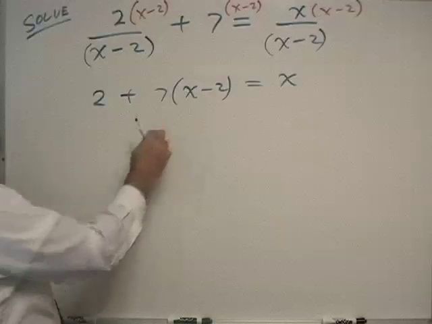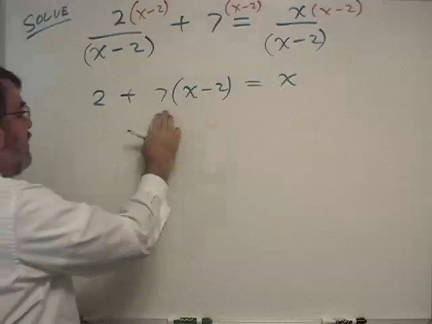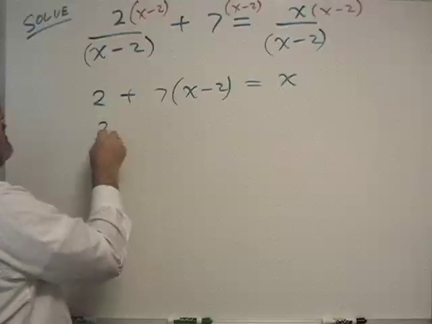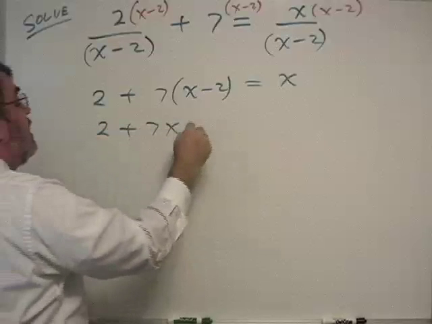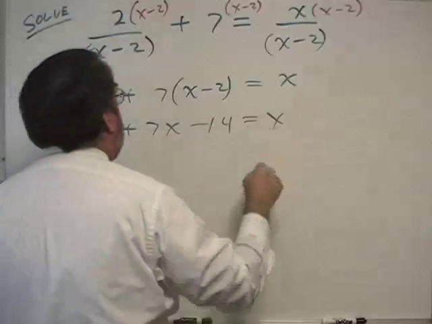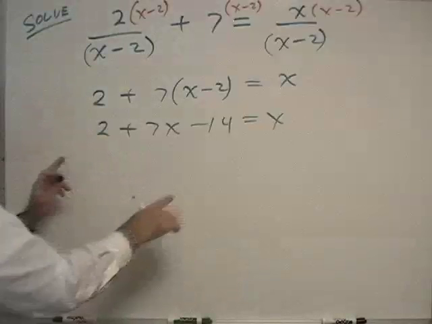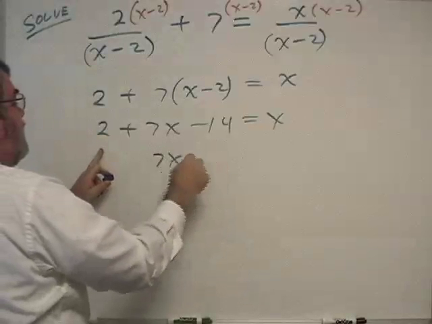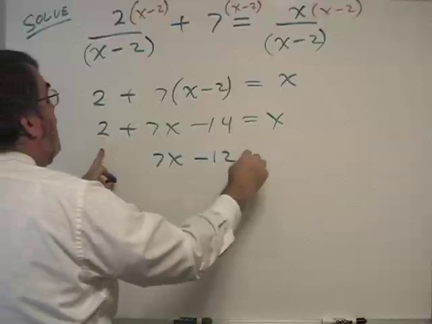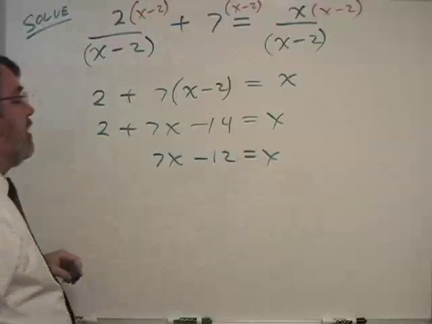And let's see, we'll distribute the 7 through the parentheses. So we have 2 plus 7x minus 14 equals x. Combine terms here, this gives us 7x minus 12 equals x.